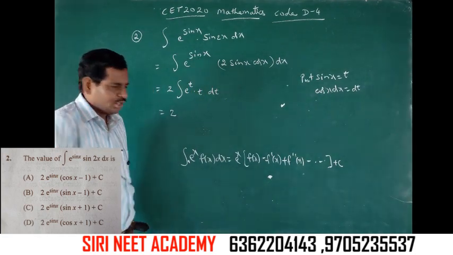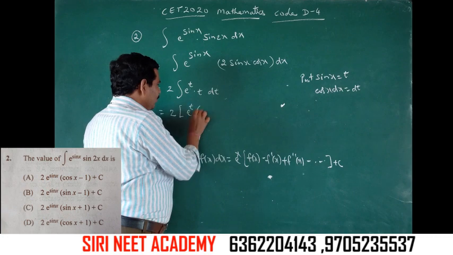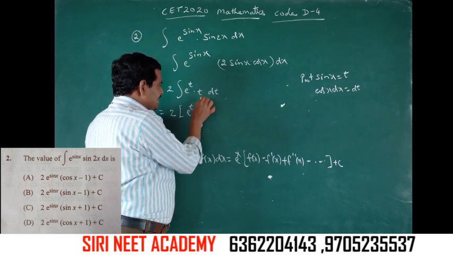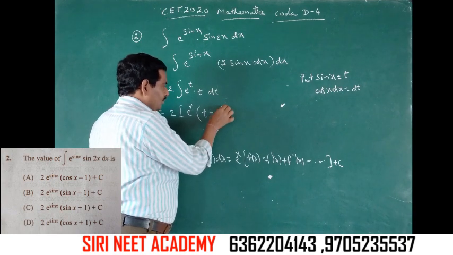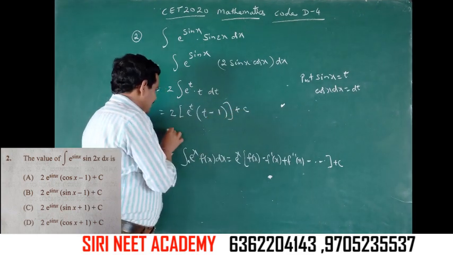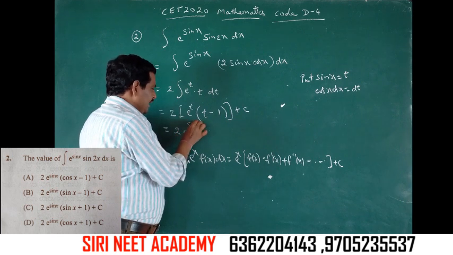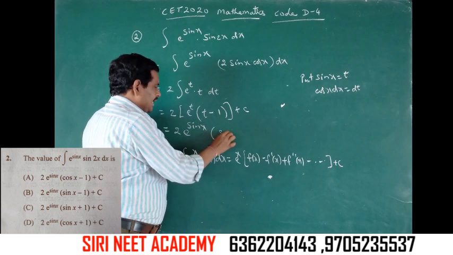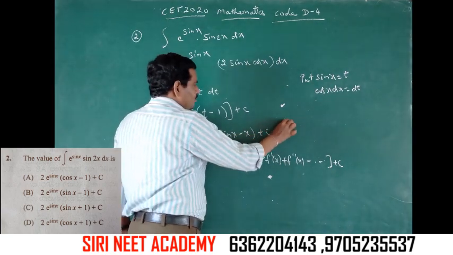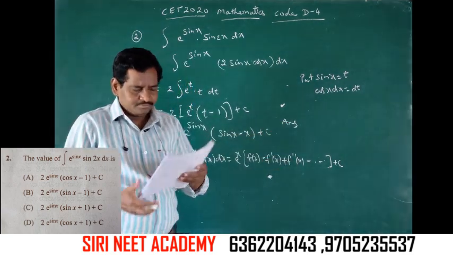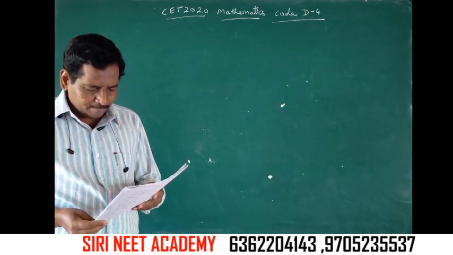Using this shortcut formula, its value is e power t into [t - 1 + 0] plus c. So the final value is 2 e to the power sin x, with t meaning sin x, times (sin x - 1), plus c. So the answer is D.